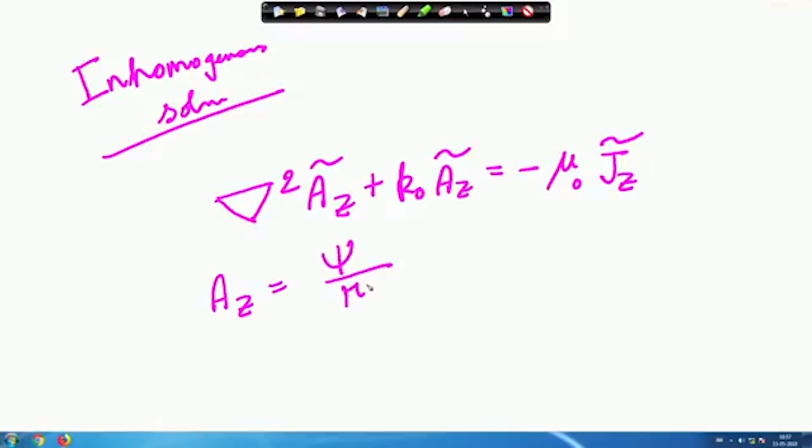Here is a problem: if we want to determine the value of A z at r equal to 0, it is a division by 0 case, because psi is a non-zero function and r is 0.